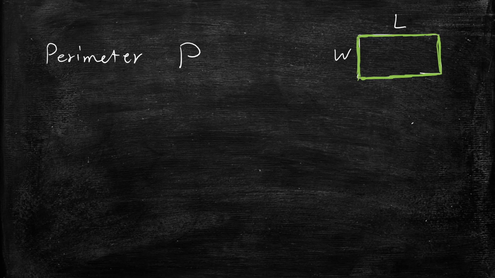So if it's a perfect rectangle, these two lengths are the same, and these two widths are the same. So for finding the perimeter, P equals L plus L plus W plus W, right? Two lengths and two widths. We can write that in a shorter format by combining terms.